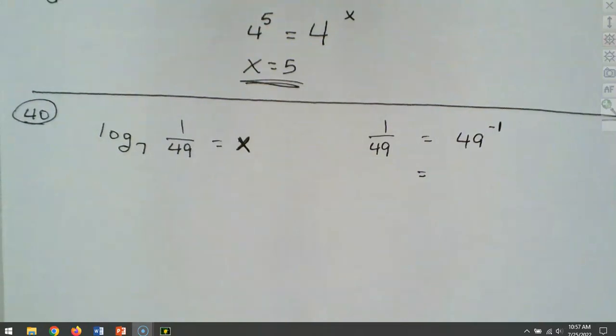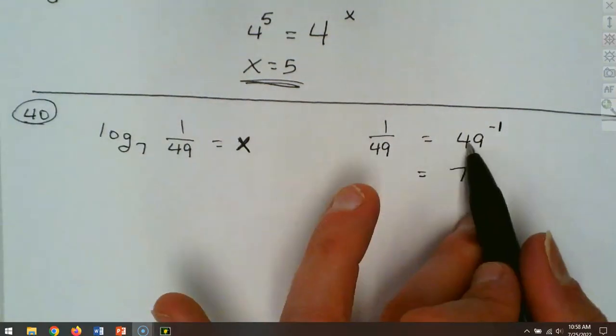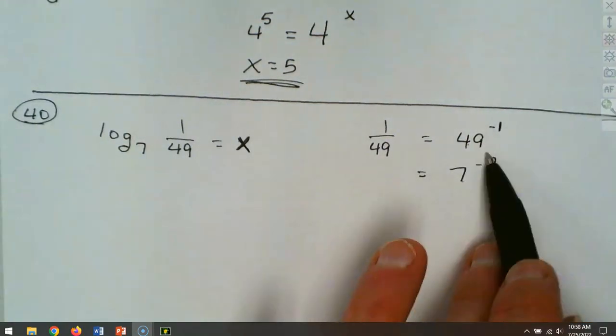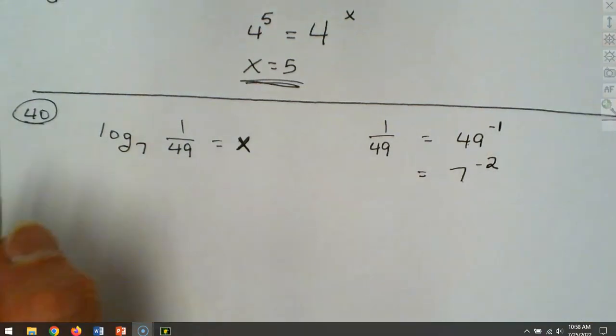Well, 49 is a perfect square of what? Anyone remember? A perfect square of 7, right? 7 squared is 49. So I can make 49 to the negative first, and that's going to be the same thing as 7 to the negative second power.